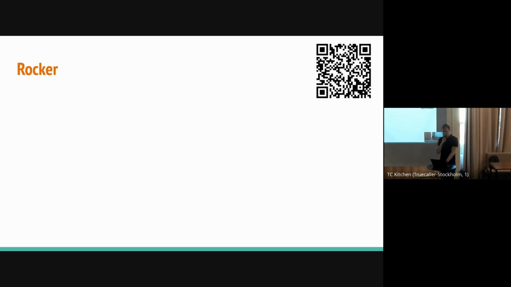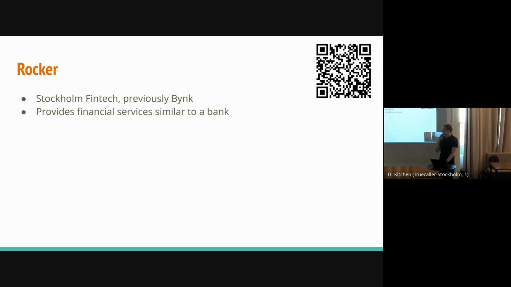Rocker is a Stockholm-based fintech. It was previously called Bing. And we provide financial services similar to a bank: cards, savings, credits. There's something called Rocker Pay, which is peer-to-peer marketplaces like Rocket and Blick.